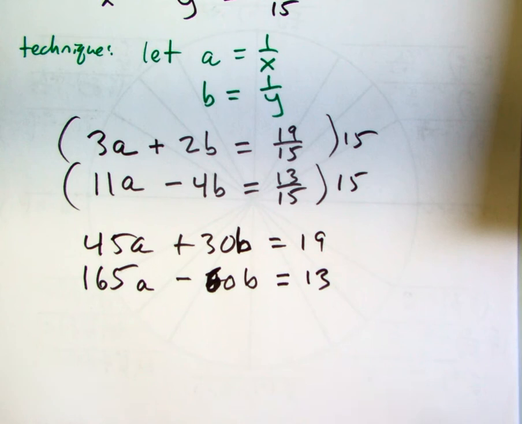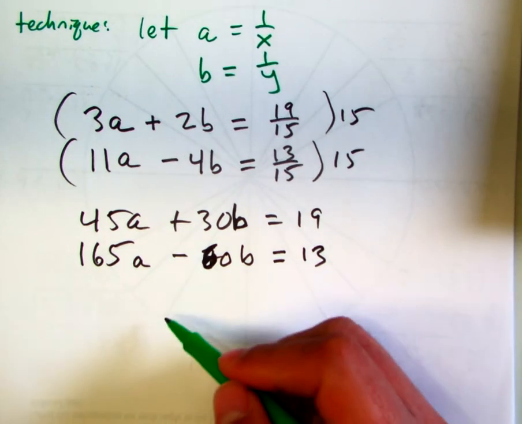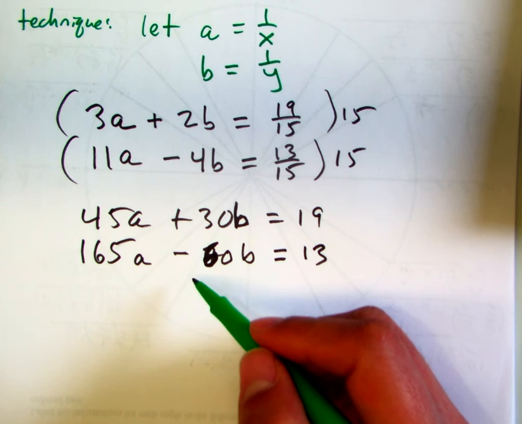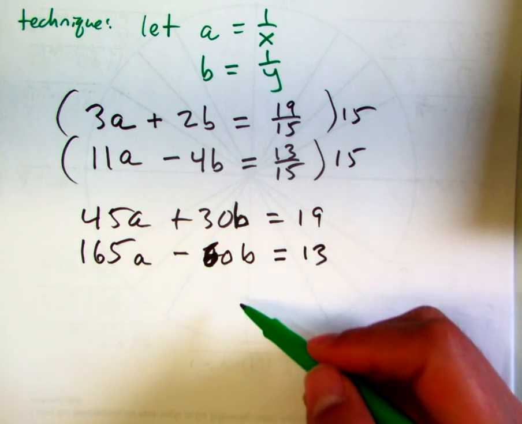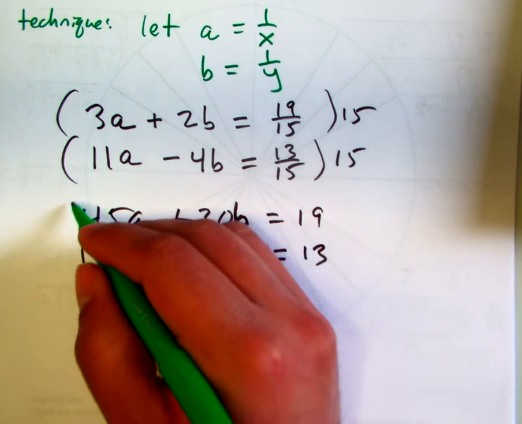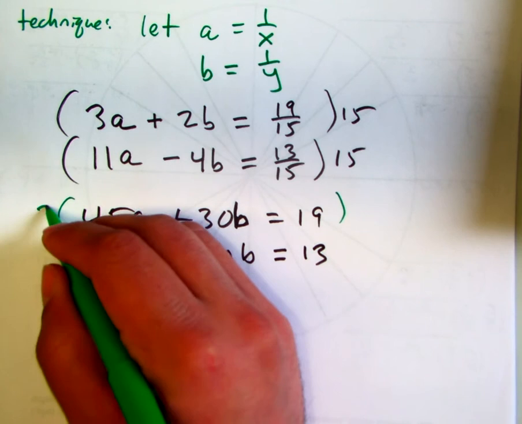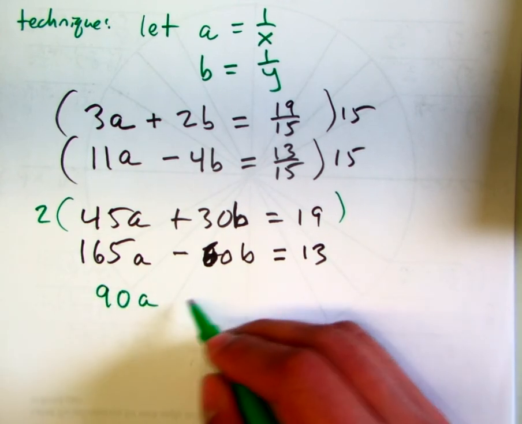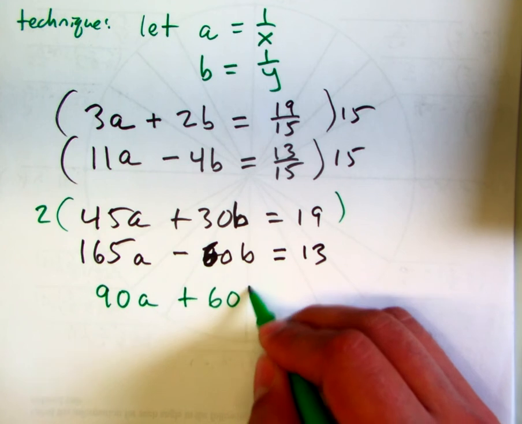What would be the easiest to eliminate here? Which variable? The b's. What could I multiply the top equation by? Times 2. So that becomes 90a plus 60b equals 38.